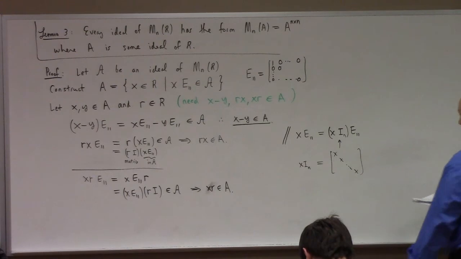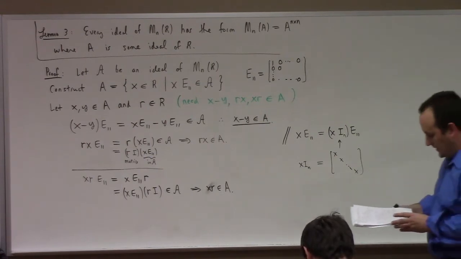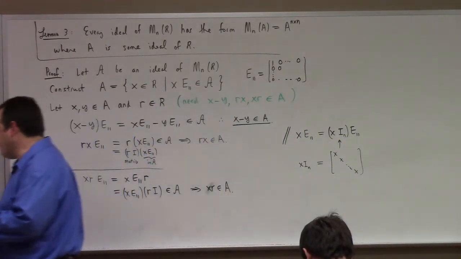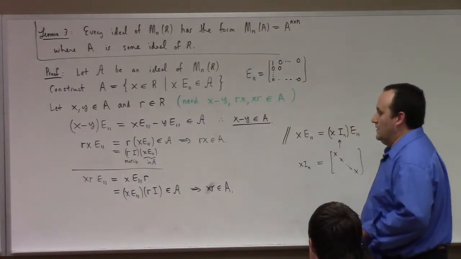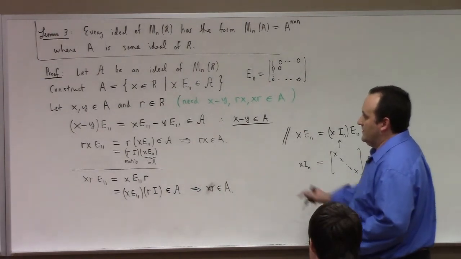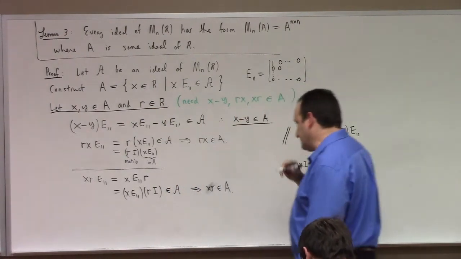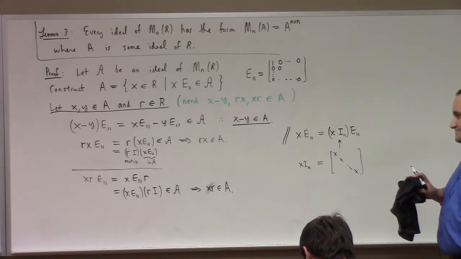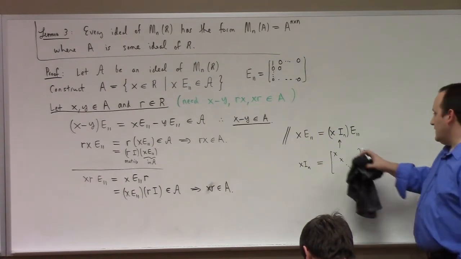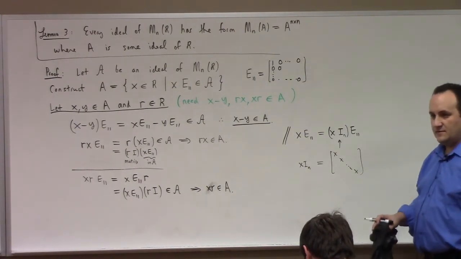Sorry, where does the identity matrix come from? R is a ring, so it's got an identity. You can put ones on the diagonal, and that gives you the identity matrix. I said right here that X and Y are in A and little r is in R. It's that r I'm talking about. I is IN, the diagonal matrix with ones down the diagonal, just like usual.